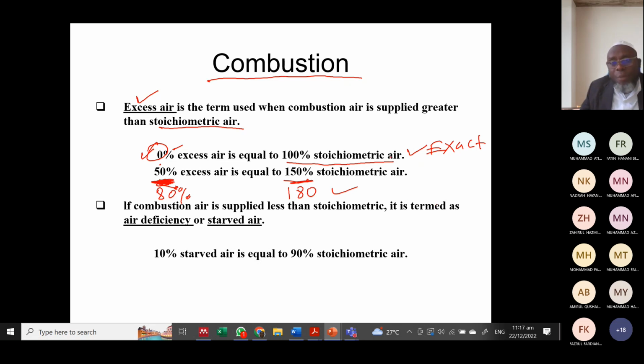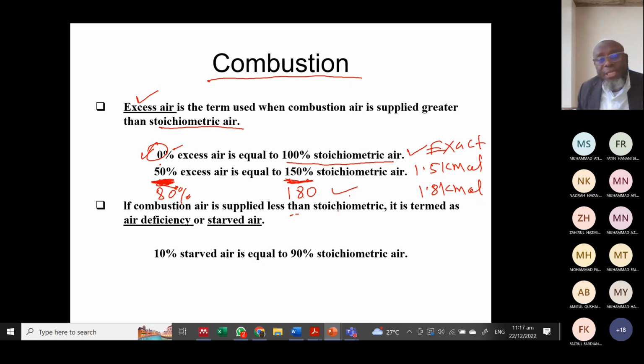Normally, whenever you have 150% stoichiometric air, we refer to it as 1.5 kilomole, and 180% stoichiometric air, 1.8 kilomole of air. We will look at some equations later on. Now the next thing: if the combustion air is supplied less than the stoichiometric, assuming you starve the fuel, starving the fuel means that you remove some of the air.